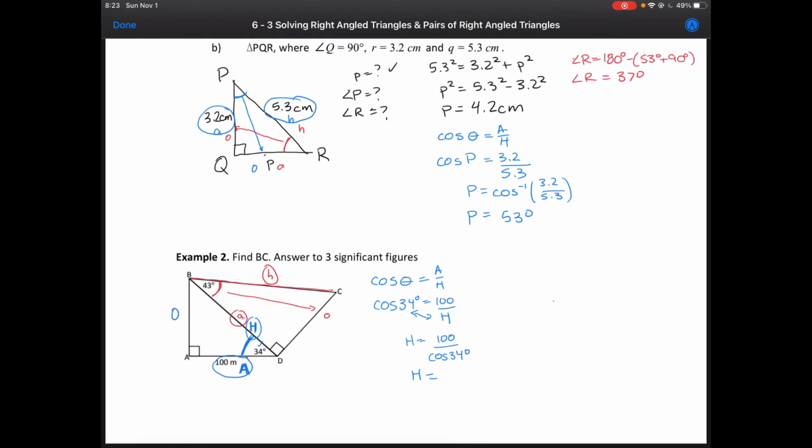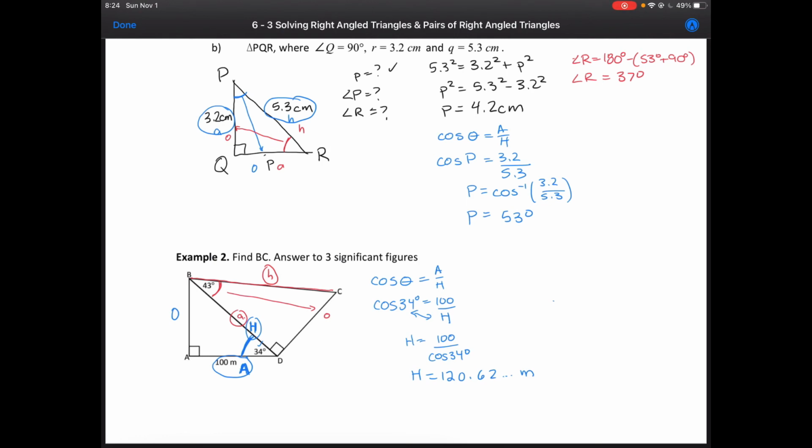So I've got 100 divided by cos 34, which gives me a length of about 120.62 meters. Okay, now that's great.